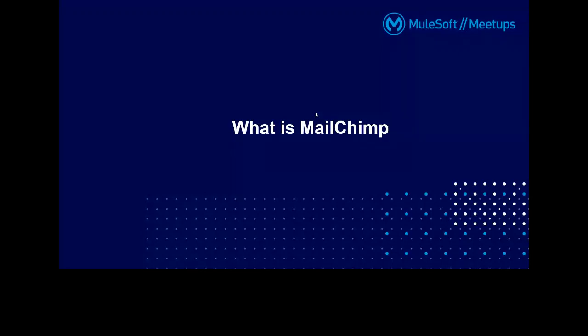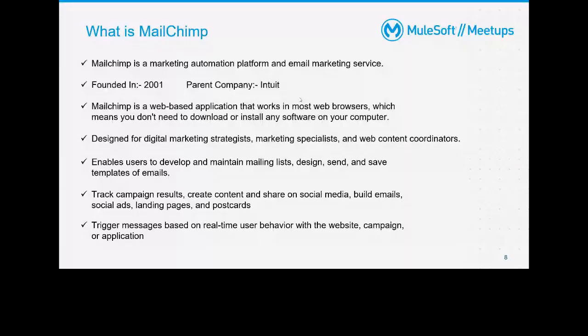First of all, what is MailChimp? MailChimp is a marketing automation platform. It provides us the capability of sending marketing emails, and it helps to automate our marketing offering.